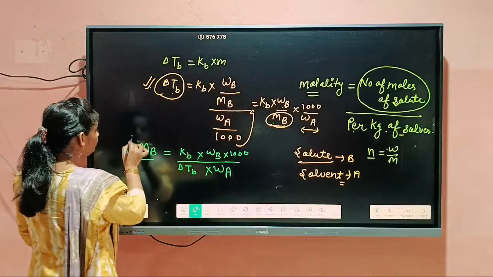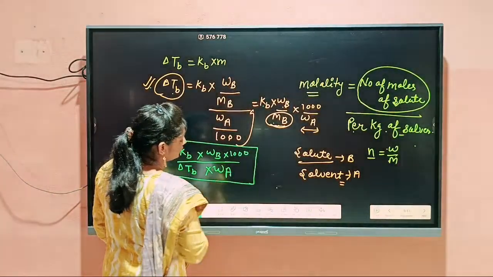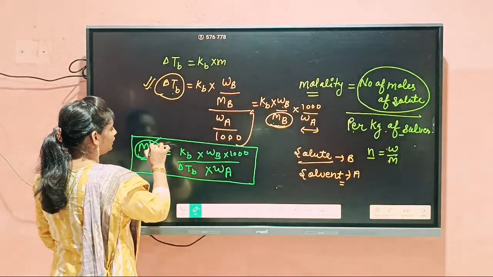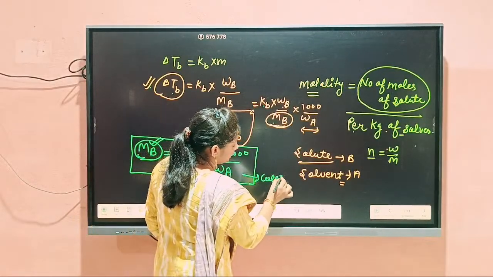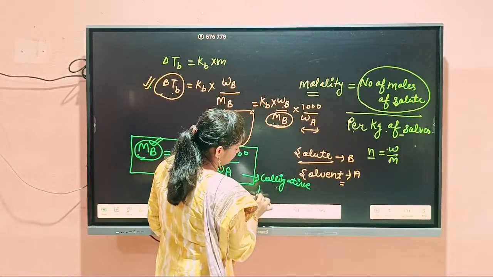So by this formula we can calculate the molecular mass of the solute. Again, because it depends on the number of solute particles only, it is also a colligative property. It does not depend on the nature of the solute.